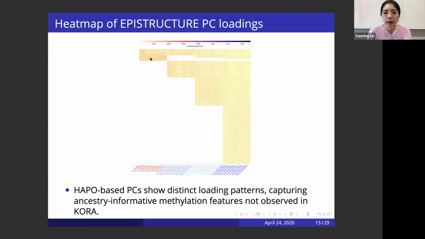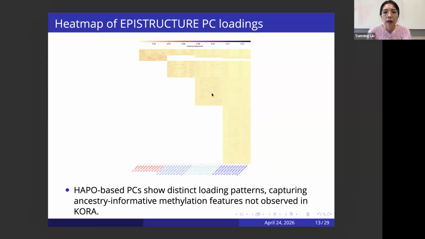We can see some darker colors, which means those CpGs are more informative for the ancestry information. But for the HAPO ones, there are also some patterns, which may suggest that the HAPO reference set may capture some ancestry information that CORA cannot.